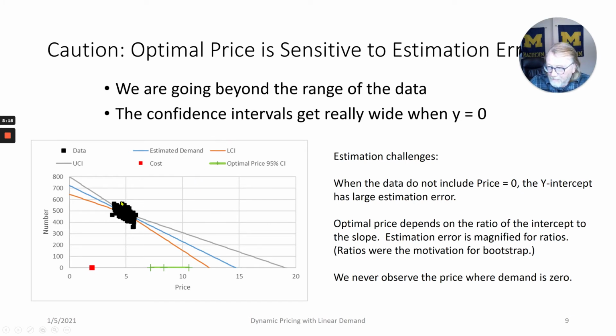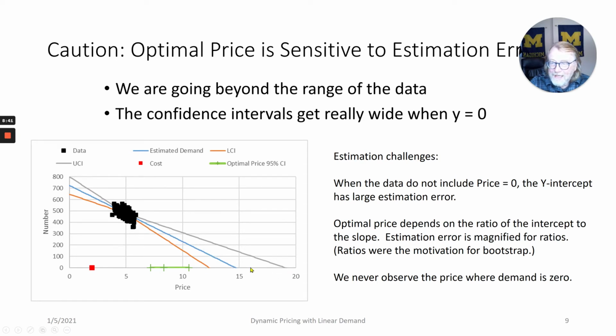And one of the big ones is, here's your data, right? And what we have to do is project the line down to where it crosses the x-axis, right, to find out what the optimal price will be. Well, there's a lot of uncertainty in the estimate of demand at that point, right? So here are just confidence intervals, and they get wider and wider the farther you get away from the data.